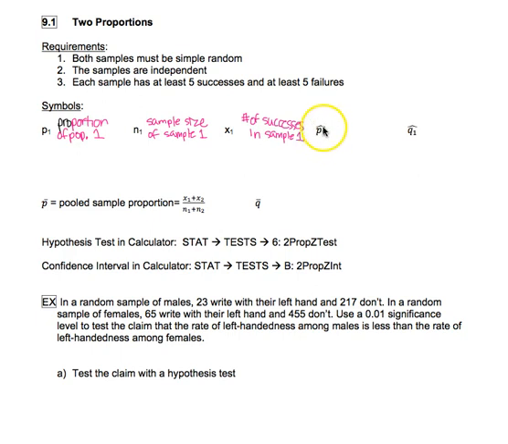P sub 1 hat is going to be our value that we get. It's the proportion for the first sample, which means it is X sub 1 divided by N sub 1.